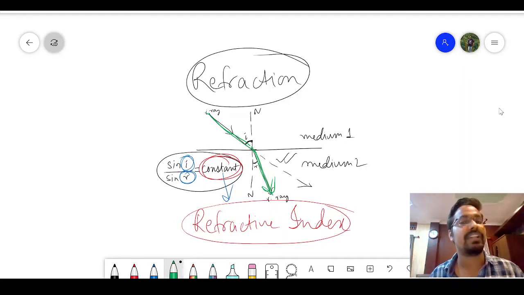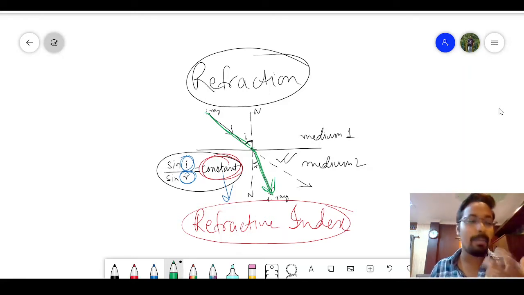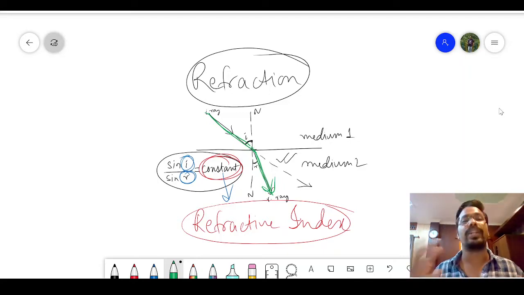That is called the refractive index. The more the refractive index, the more is the ability of a medium to change the direction of light. So if anyone asks you what you actually mean by refractive index, not the formula, what is the meaning, the refractive index means the ability of a medium to bend light. How much bending they can do to a ray of light is called the refractive index. What is the formula? It is given by sin I by sin R.